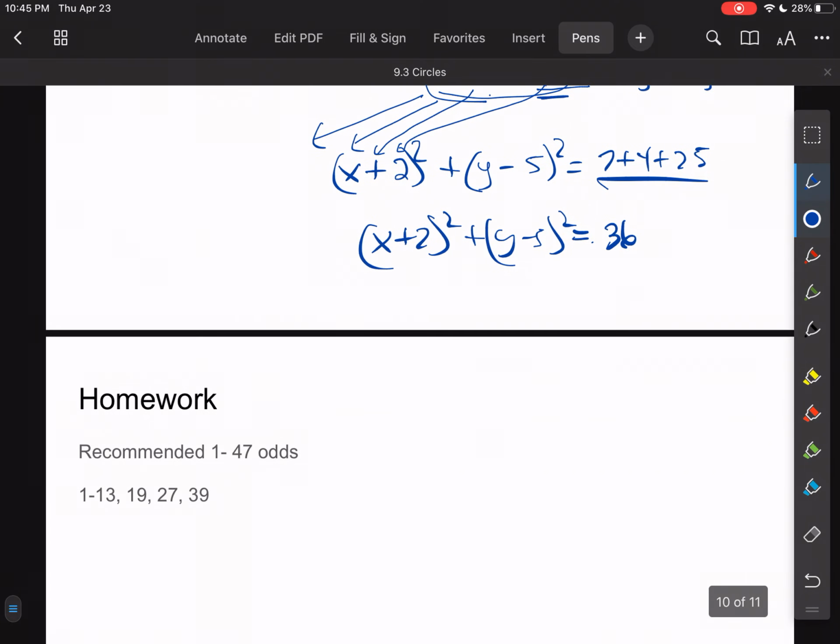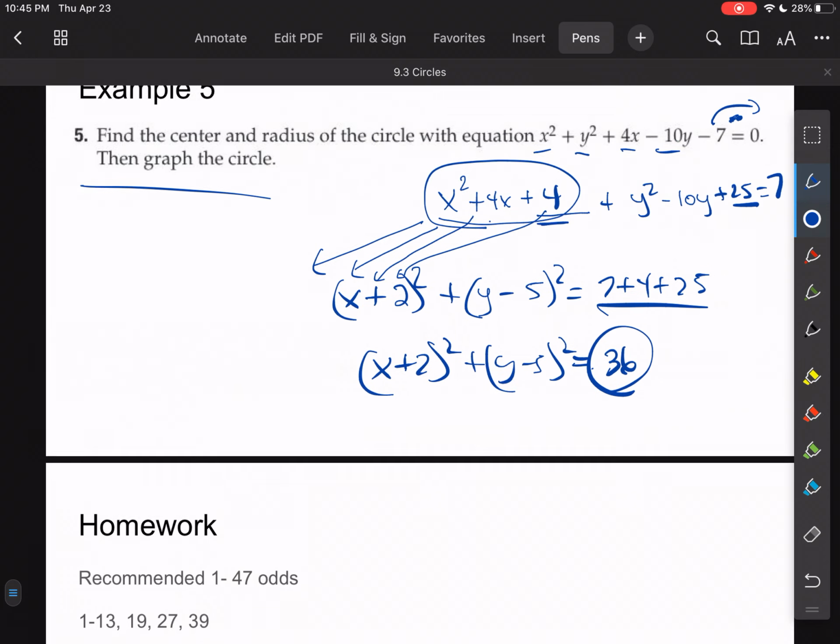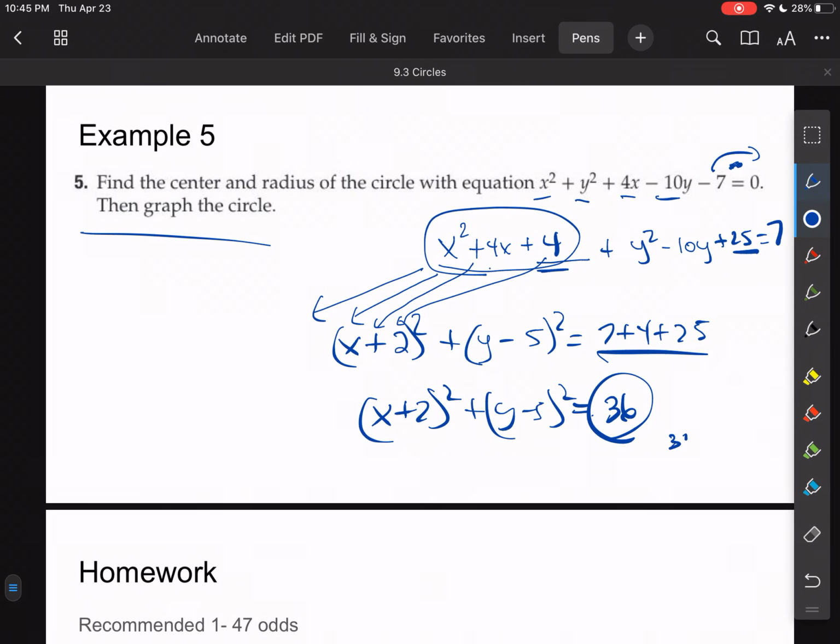And by the way, on this one, you guys, the radius of this thing would be 6, correct? Because 36 is equal to the radius squared, remember? So if you were to graph this thing, the center would be at -2, 5, because that's what makes this go to 0.